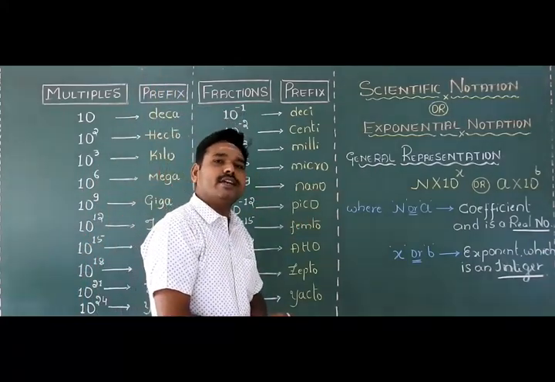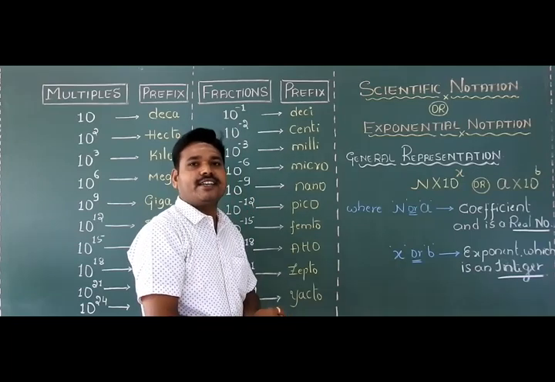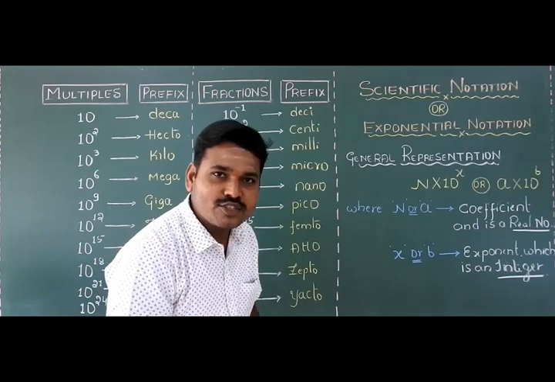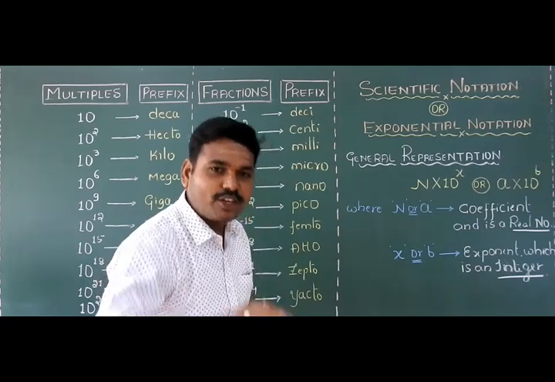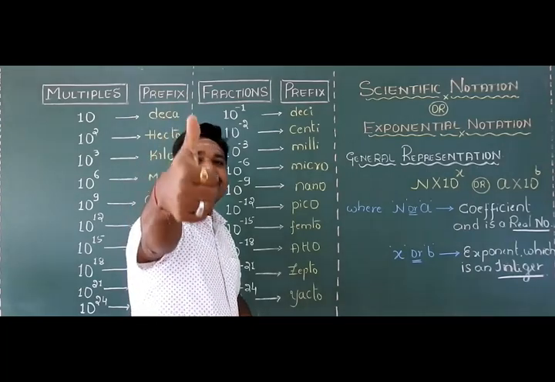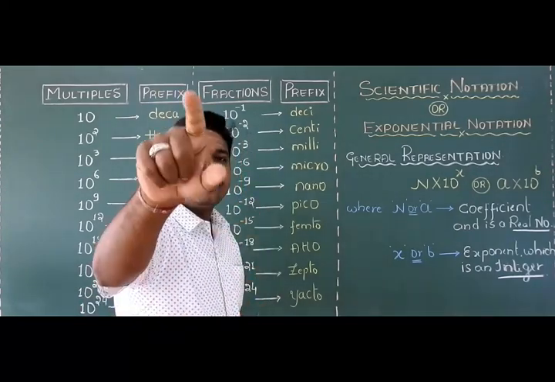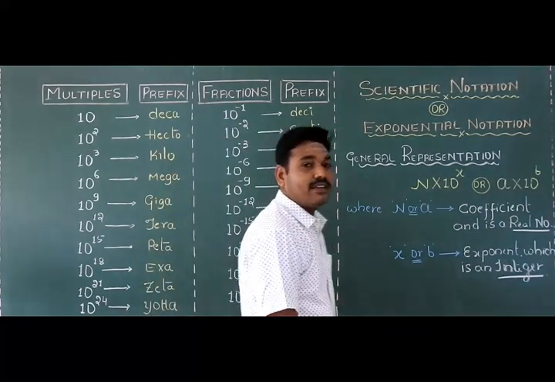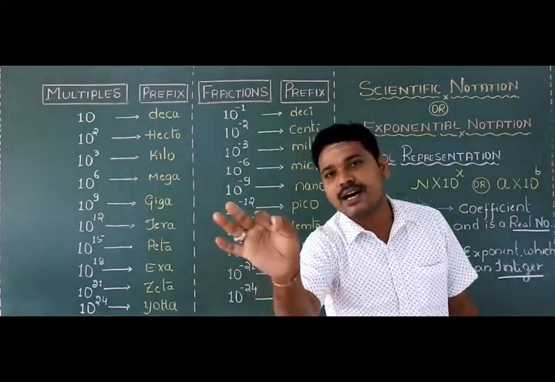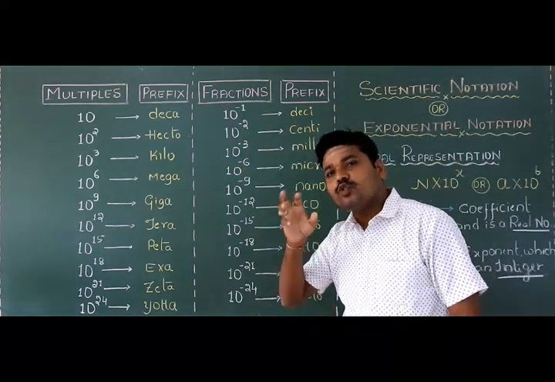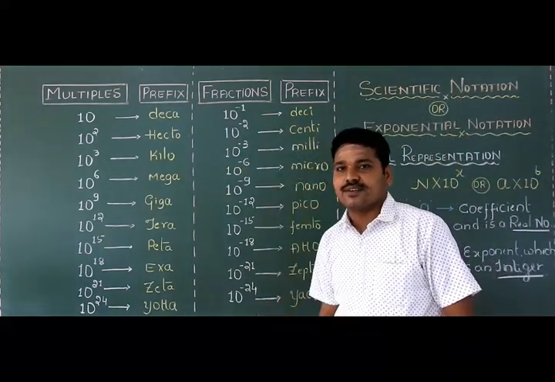Tell me, students, how many types of thermometers are there? Three different types. What are those? One is the clinical thermometer, second is the laboratory thermometer, and the third is the minima and maxima thermometer. So three different types of thermometers are used to measure the temperature of a system.